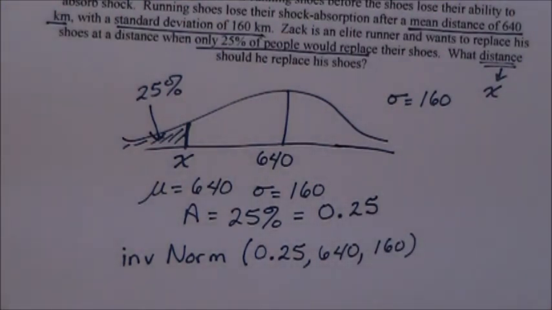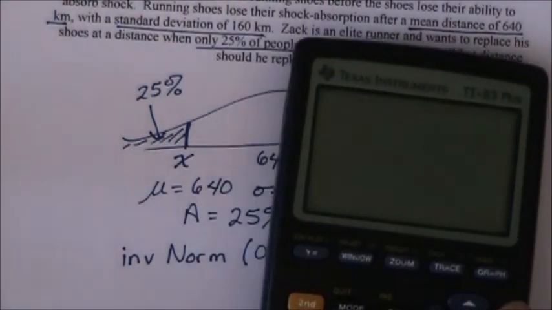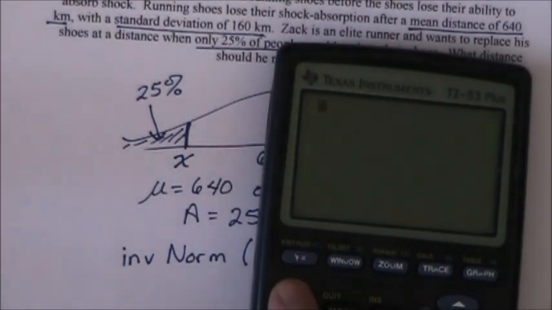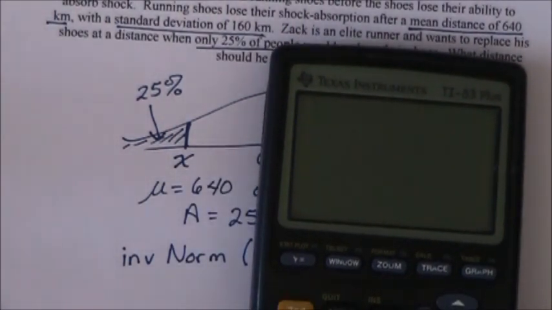So going to our calculator, we are going to go second vars, down to our inverse norm, number 3, hit enter, and we're going to put our numbers in. So our area was 0.25, our mean is 640 this time, and our standard deviation was 160.